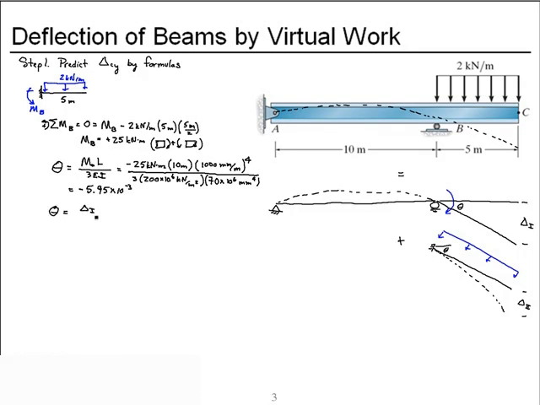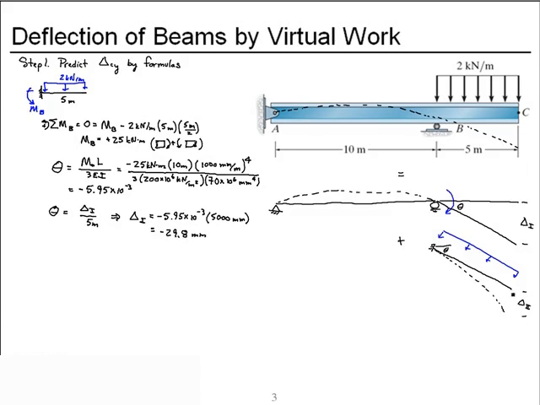So it's also delta 1 over 5 meters, which I can shuffle around and find that delta 1 is a minus 5.95 times 10 to the minus third times 5 meters, or 5,000 millimeters. So that is a minus 29.8 millimeters.